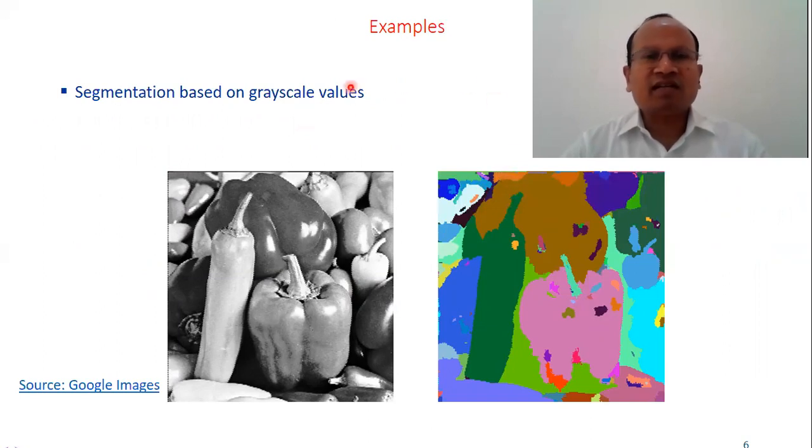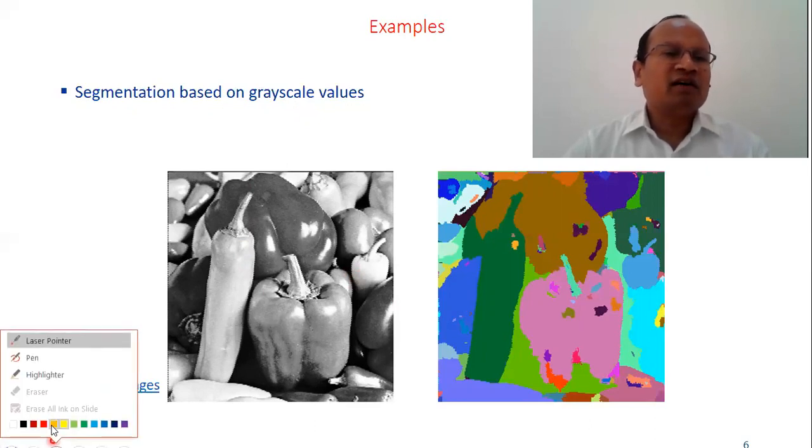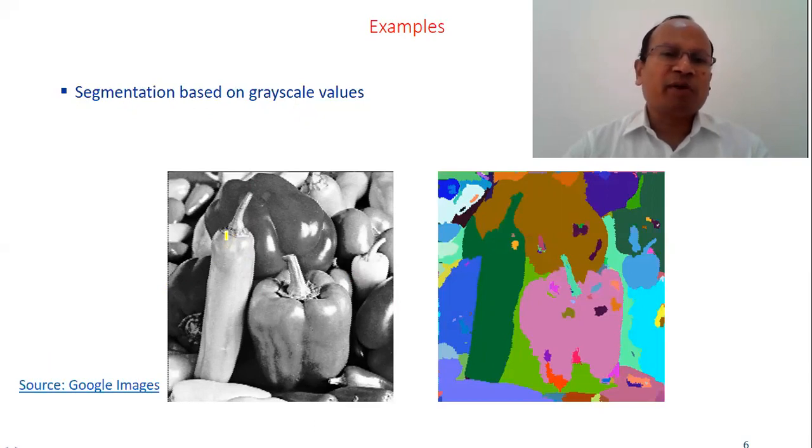See here, there is another example. Segmentation is based on grayscale values. If you look at the first picture, see here, if we can choose a highlighter, say here, I think this is probably a chili. And therefore, it's being assigned a green color here. Look at the second picture. There is probably an apple. So the apple is assigned a different color.